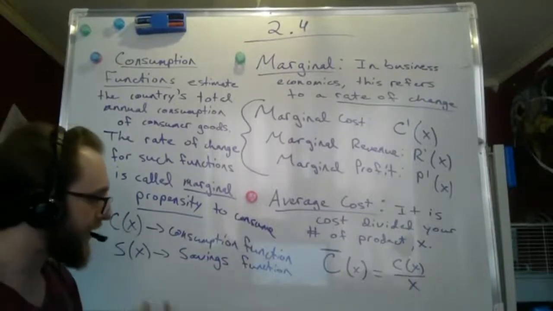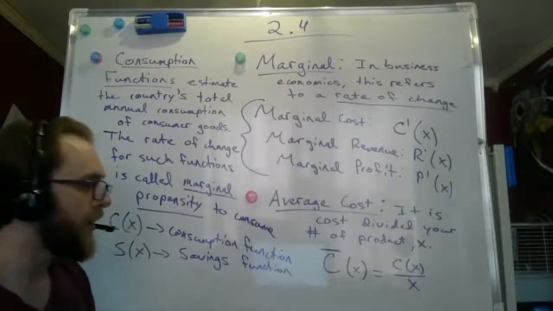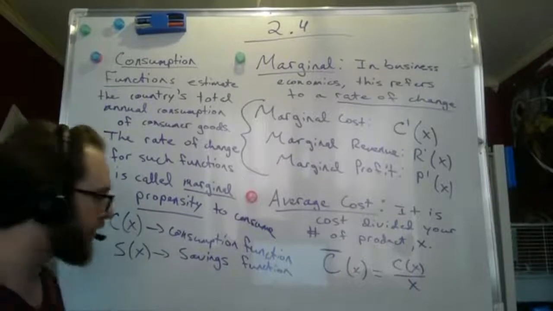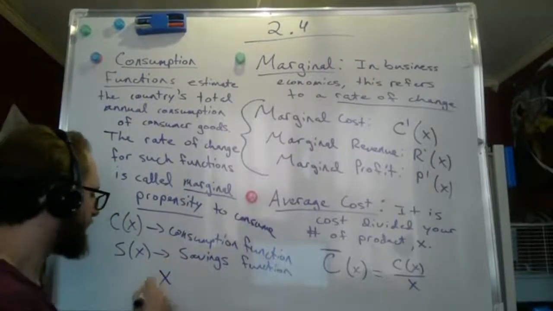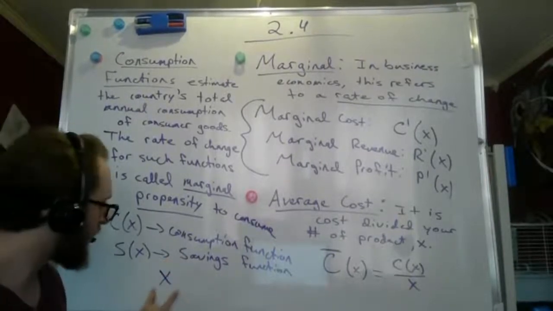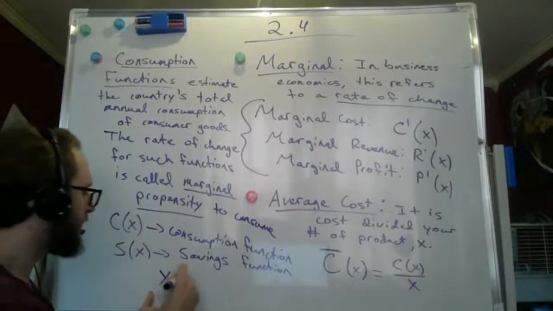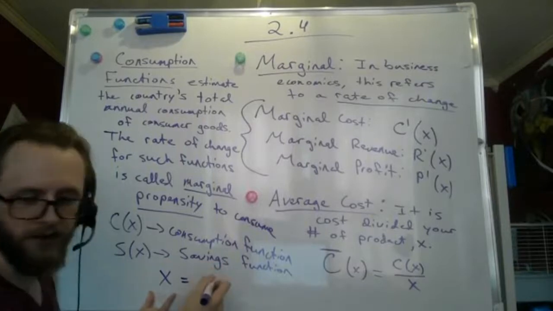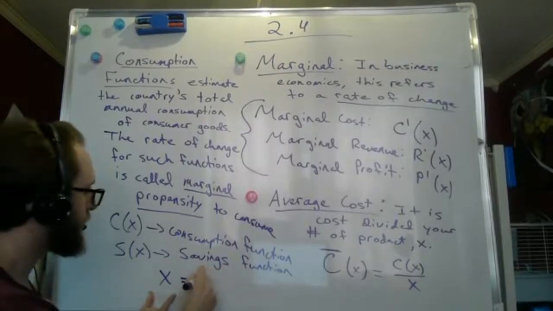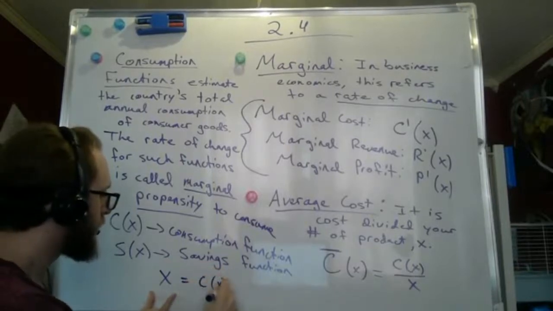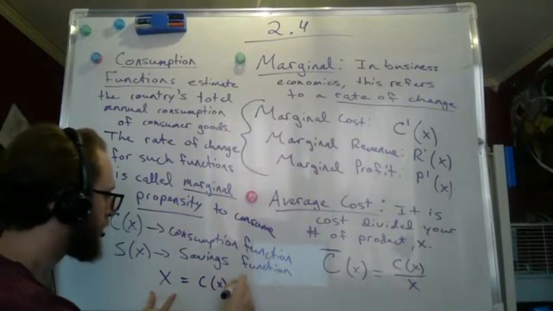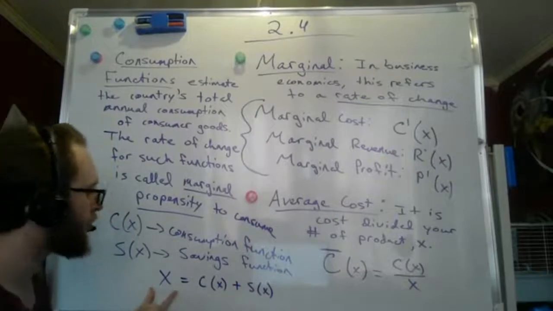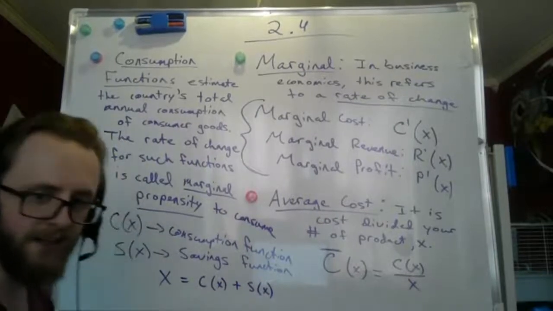So if at any given time we want to know how much product do we actually have left at a given year, so that's X, the amount of product we have is equal to, at all times, the amount consumed plus the amount saved. This is the total amount of product in a given year.